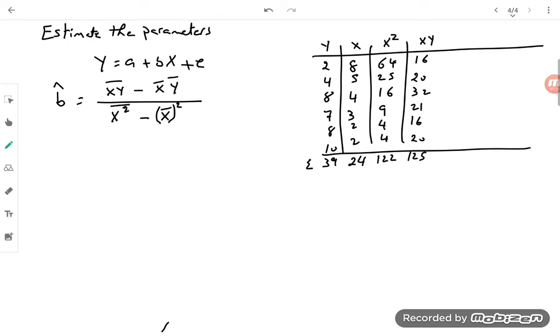If you would like to find x bar, it's going to be divided by the number. It's the number 1, 2, 3, 4, 5, 6. It's 6 observations. So the mean will be 96 divided by 6, 24 divided by 6, 122 divided by 6, 125 divided by 6.